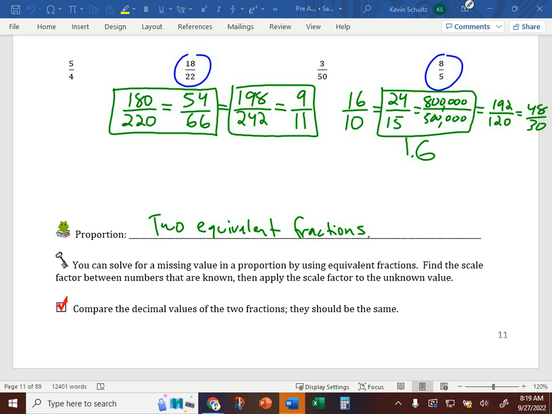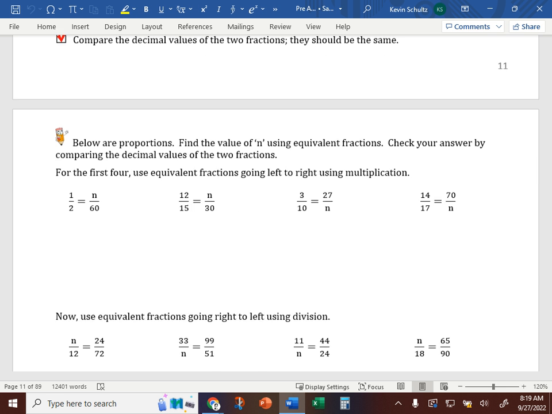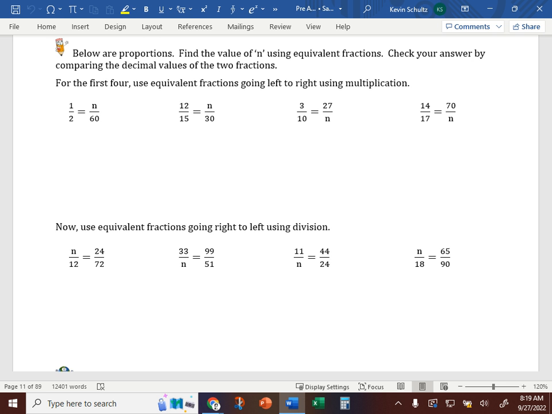And why that's helpful for us is we can now solve for a variable in a proportion. If I tell you that these two fractions are equivalent, 1/2 and n/60, how can you tell me what n equals? 60 divided by 2.